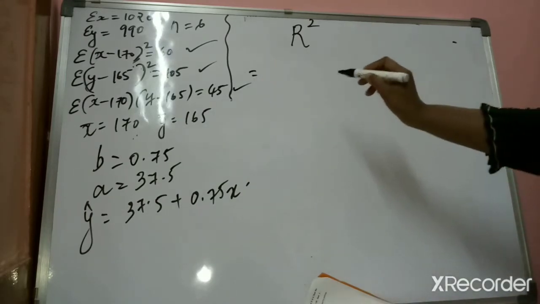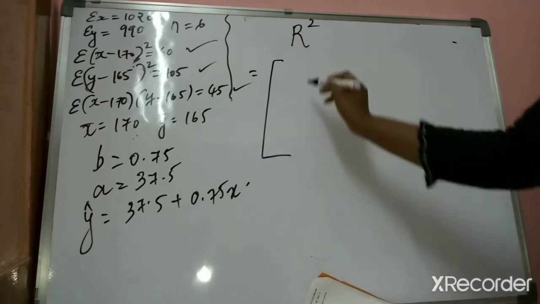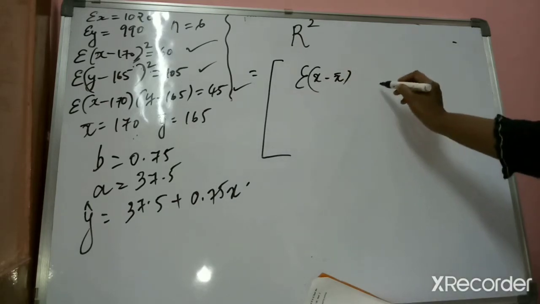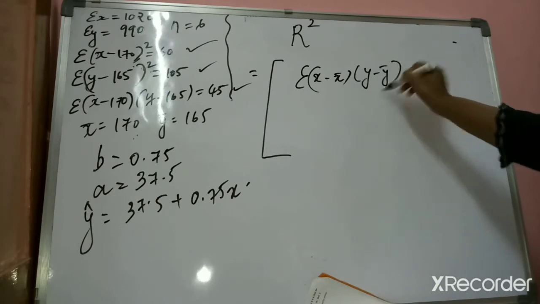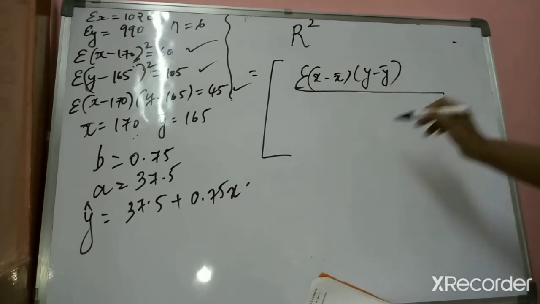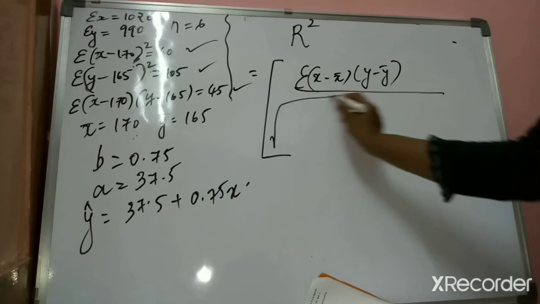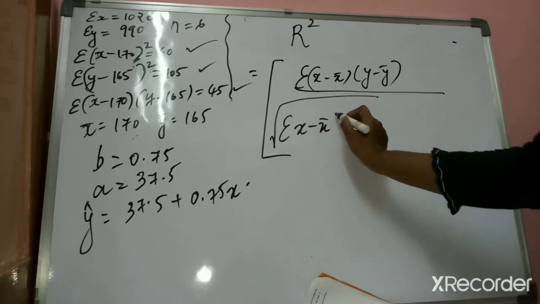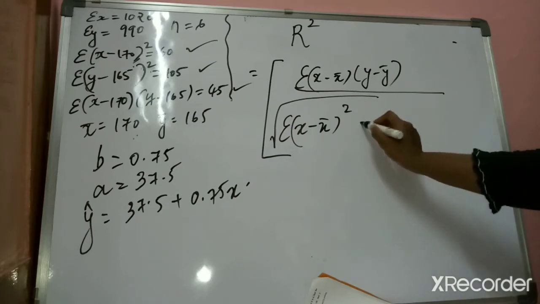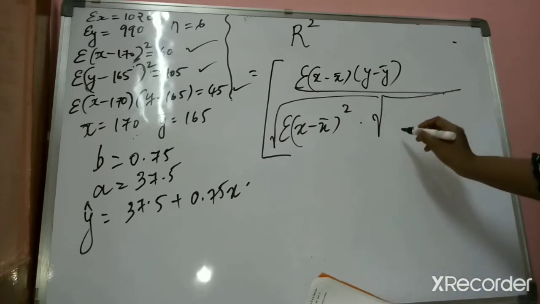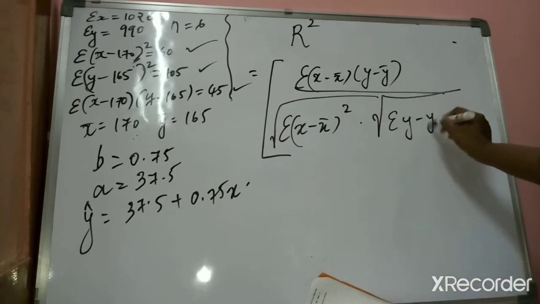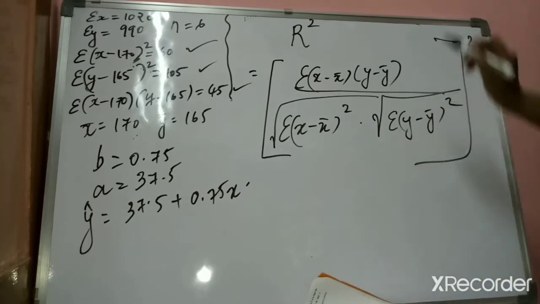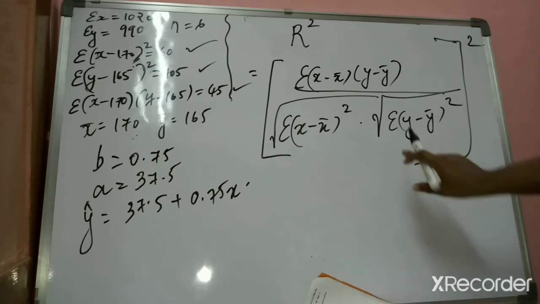The formula is like this: sigma x minus x bar into y minus y bar divided by the square root of sigma x minus x bar the whole square, multiplied by the square root of sigma y minus y bar the whole square. You have to do the square root. So this is your formula.